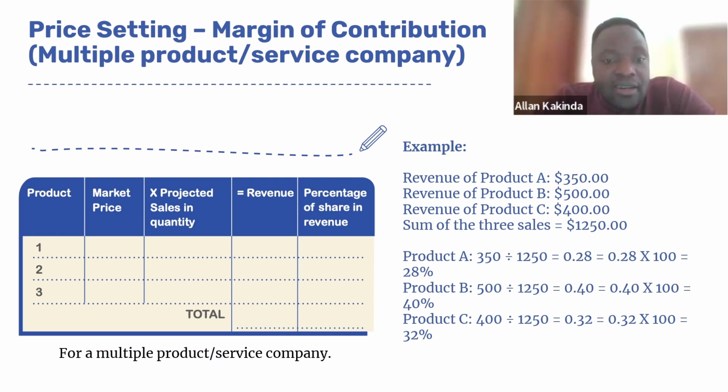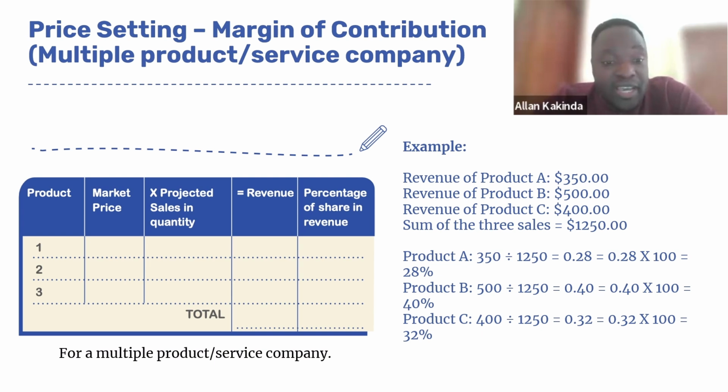$1,250. And then to get the percentage share or percentage contribution of each of the products, we'll divide the revenue by the total revenue from all the products. So you get $350 divided by 1,250, we get 0.28. Multiply that by 100, you get 28%.